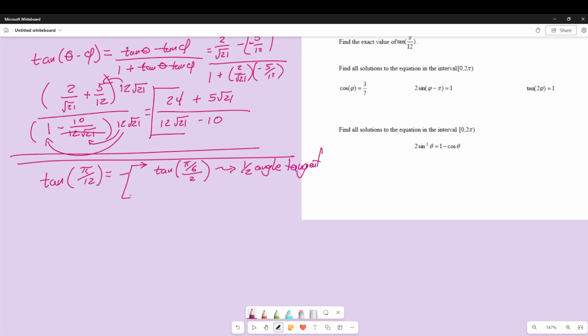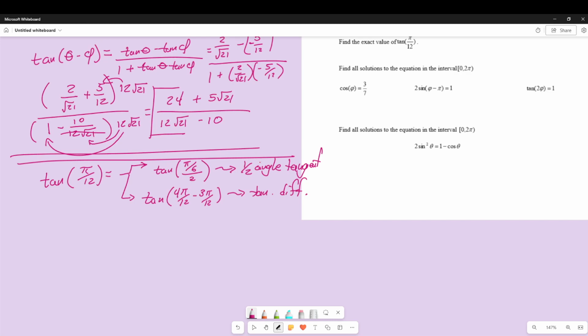And we have the option here, if we can find two things that add together to make pi over 12, like 4 pi over 12 minus 3 pi over 12. If those reduce into some of our standard angles, we could use that instead, and then use our tangent difference formula, and I like that one better, but either one would have worked.